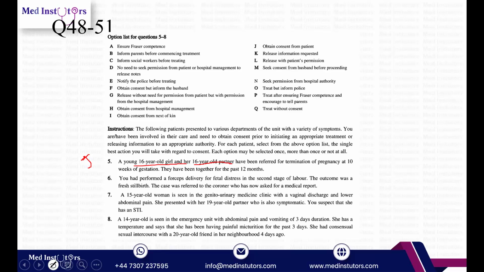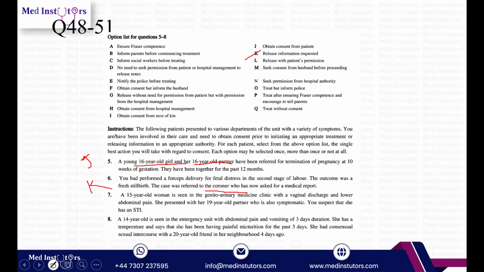What happens is that this is coming from a coroner. And when it comes from a coroner, you have to release the information that they're asking for, because it's statutory to release that information. So this is K. Yes, release the information. There's no need for patient permission, husband permission, or hospital permission. Just release the information.